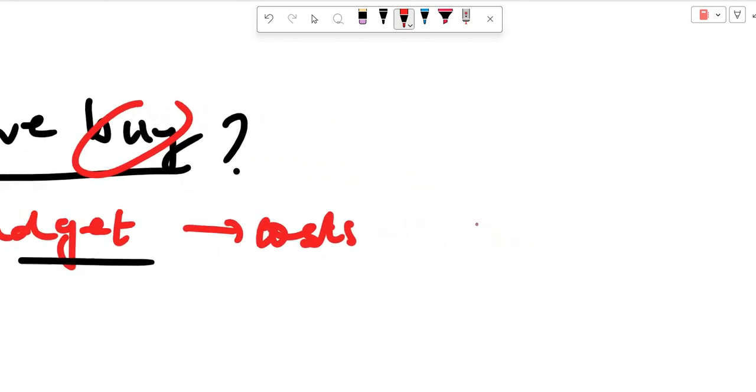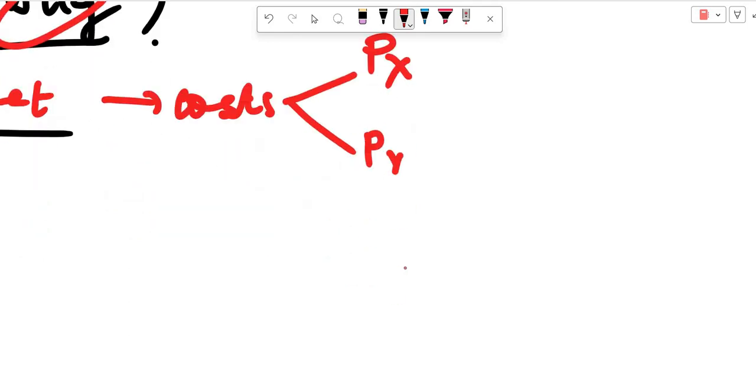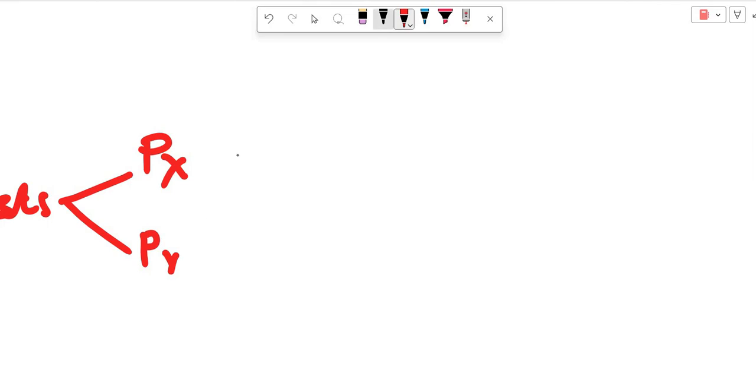Here we have two commodities, right? So if we have two commodities, there should be two prices for the two commodities. Let's say price of commodity X is PX, basically the price of chocolates, and price of commodity Y is PY, which is basically the price of candies. Now, let's think of point P, right?